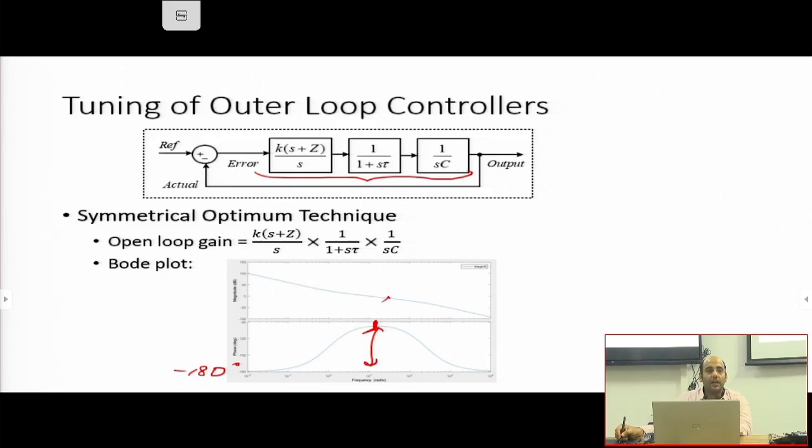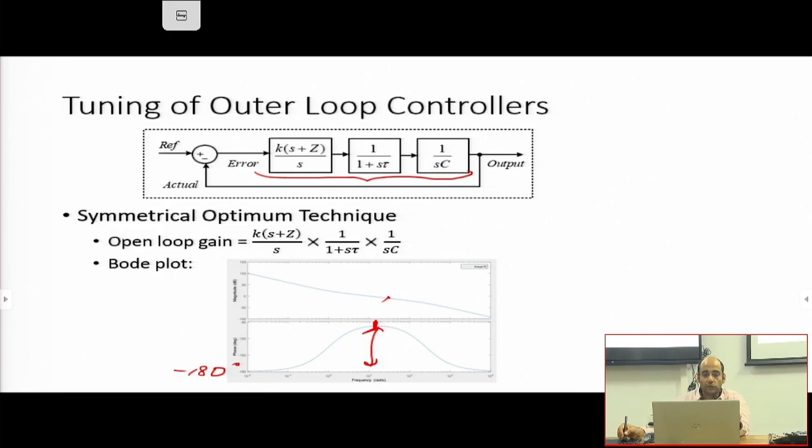If I can shift this a little bit to align my gain crossover frequency at the same frequency where I get this maximum phase reserve, then I can get a maximum phase margin. Right? Because now the term which I am calling phase reserve would actually become phase margin, and that would be maximum. Anywhere else, if it is your gain crossover frequency, that means you are losing some phase margin. More is the phase margin, more stable is the system.